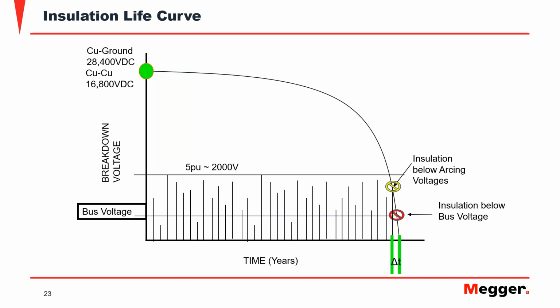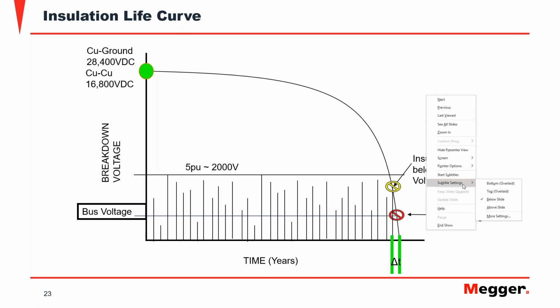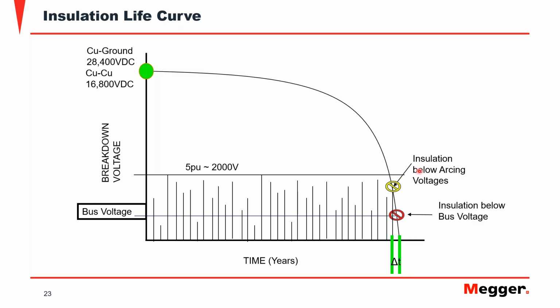Remember that if the insulation is below the bus voltage, then you have a typical failure of the motor. Now, when you're testing, what you want to do is verify that the motor's insulation is above this point. As long as the motor's insulation is above this point, any point in the curve above it, you can declare the motor to be good.